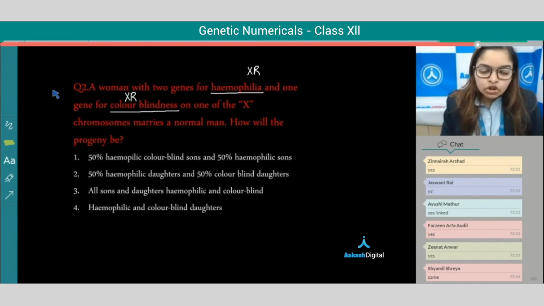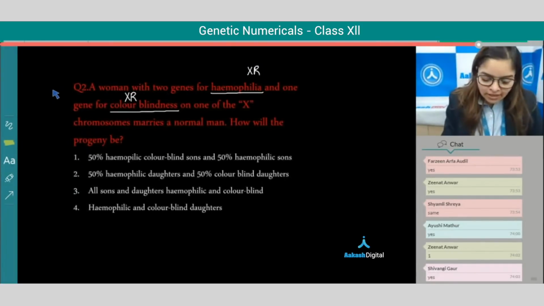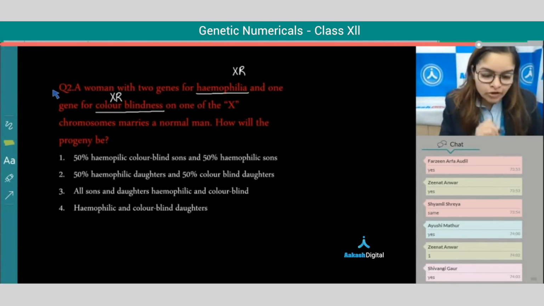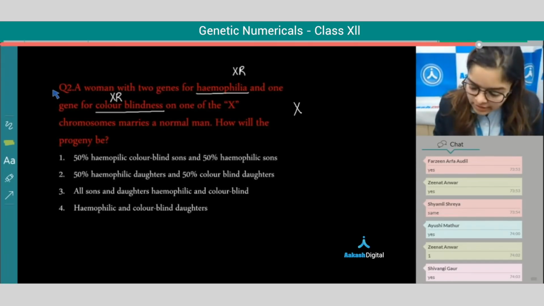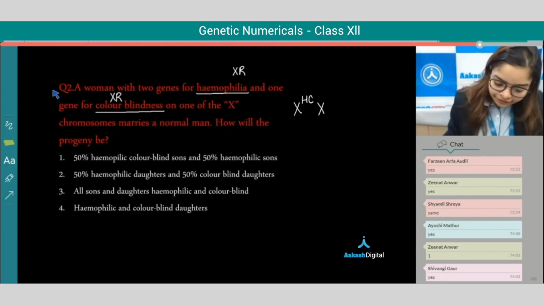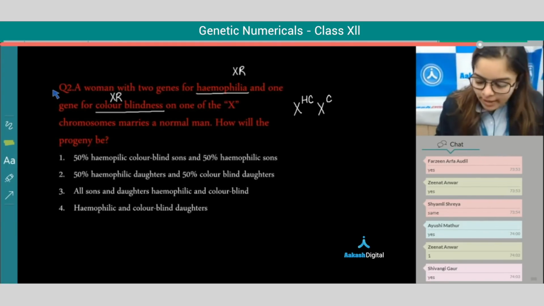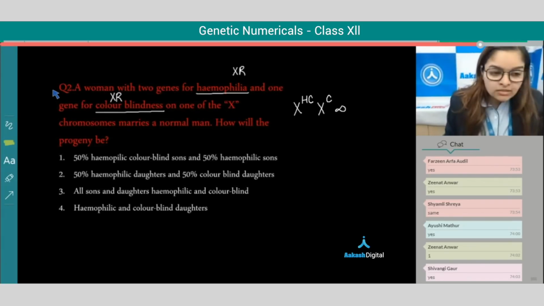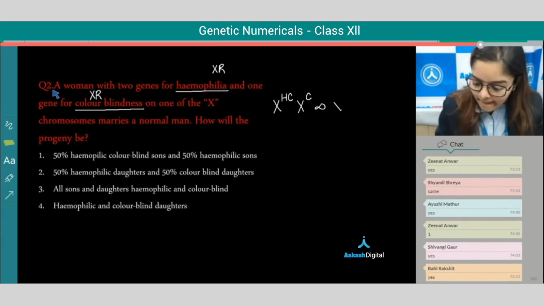So a woman with 2 genes for hemophilia and 1 gene for color blindness on one of the X chromosome marries a normal man. Shivangi, you have to make a cross first of all. Means something like this, hemophilia as well as color blindness, and the other one will have only color blindness. She marries a normal man.